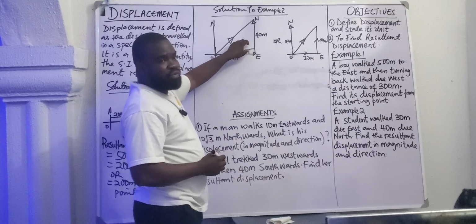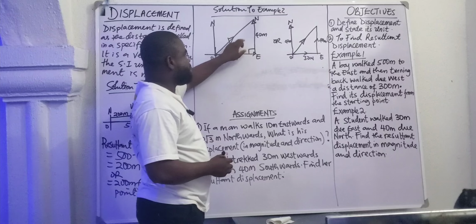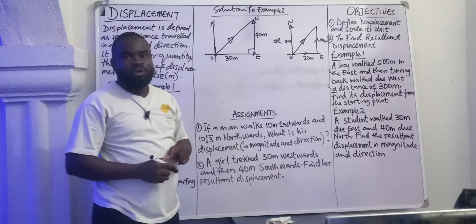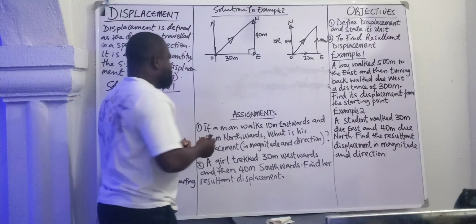So I said for us to find the resultant in this case, because it's a right angle triangle, we're going to use Pythagoras theorem.